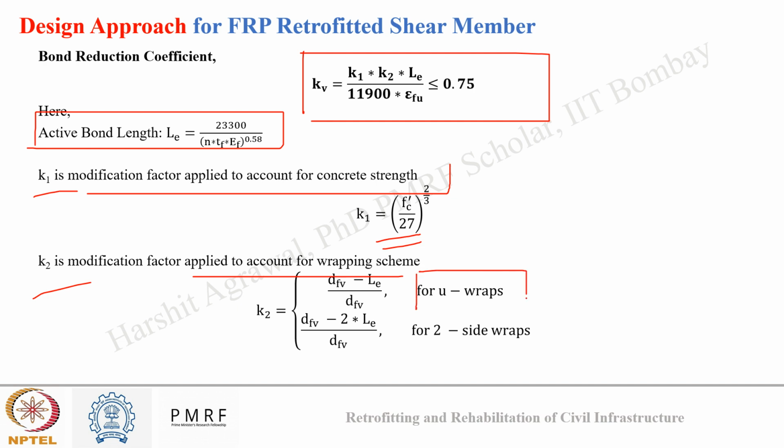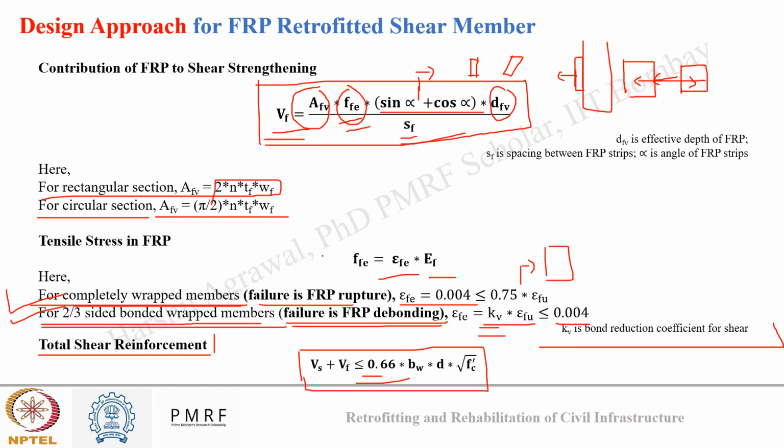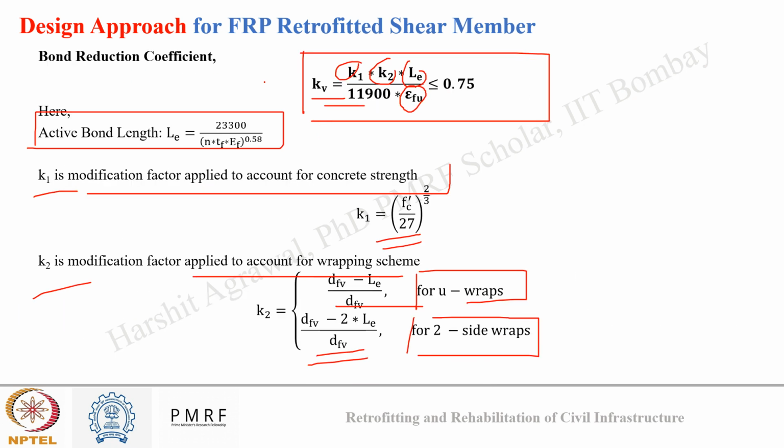If it is a U wrap, my K2 will be given by this equation, and if it is a two-sided wrap, my K2 will be given by this equation. So knowing epsilon FU, K1, K2, and LE, we can calculate the bond reduction coefficient. Once we calculate it, we can calculate the epsilon Fe value, then the tensile stress in FRP, and then the contribution of FRP to shear strength.